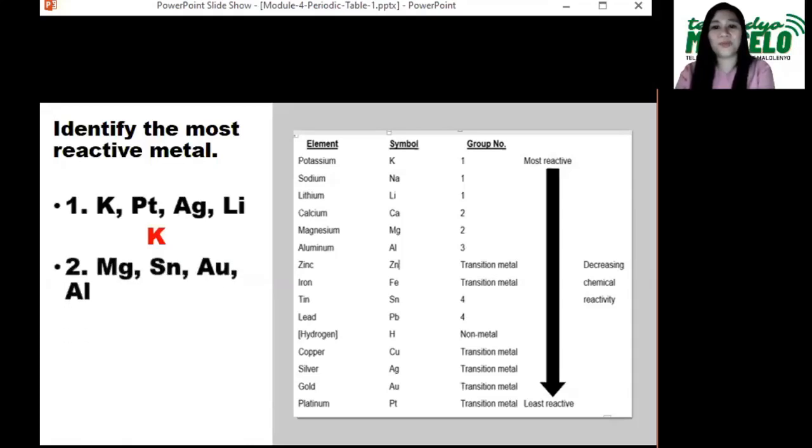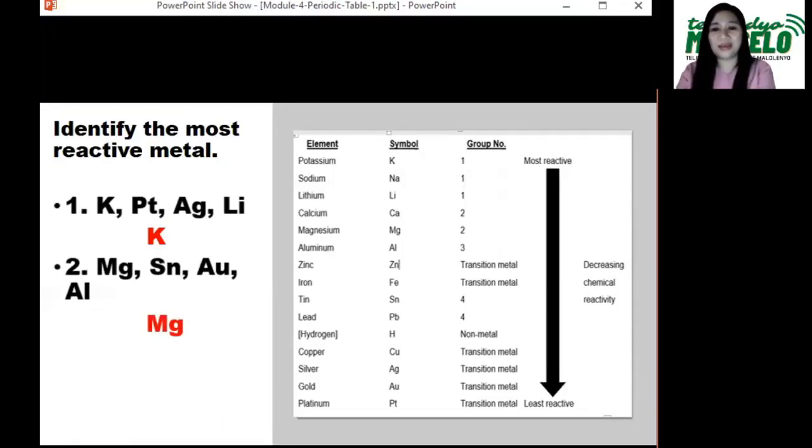For number 2, how about magnesium, tin, gold, and aluminum? Which is the most reactive? The answer is magnesium. You are correct.